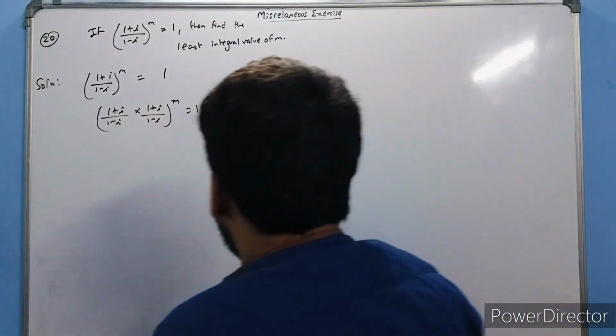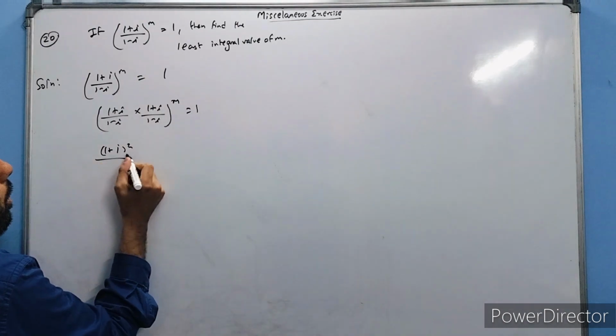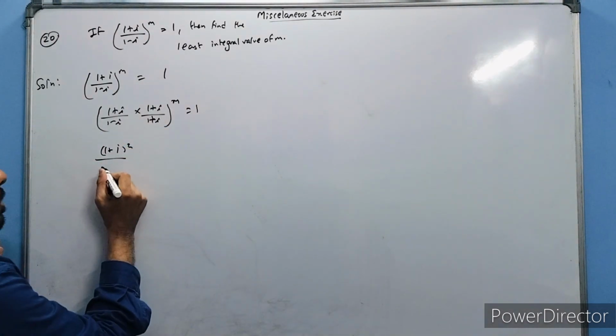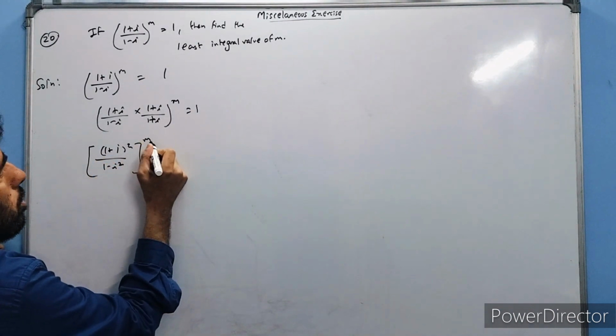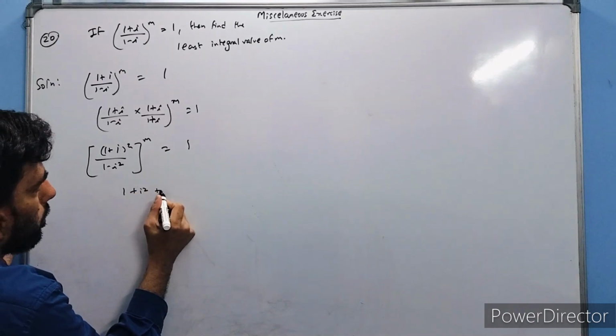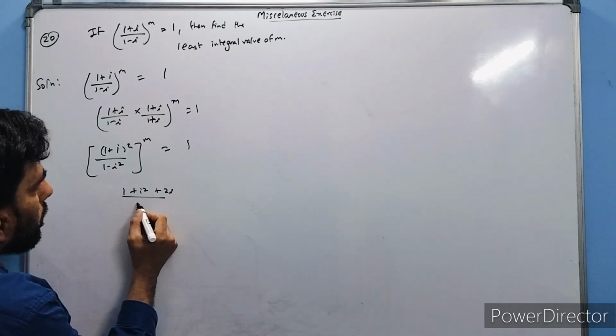Now let us find (1 + i)², and in the denominator we have (a − b)(a + b) = a² − b², so 1 − i². So we have (1 + i² + 2i)/(1 − i²), and i² will be −1. So 1 + 1 will be 2 in the denominator.